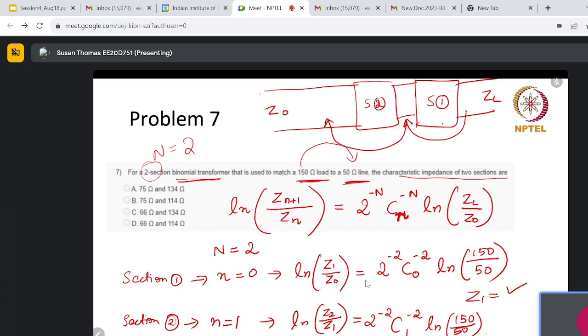So from this, you can find out what is Z2. So whatever Z1 you have got here, you have to substitute it here. Then you can find out what is Z2. Is this clear? Any doubts?